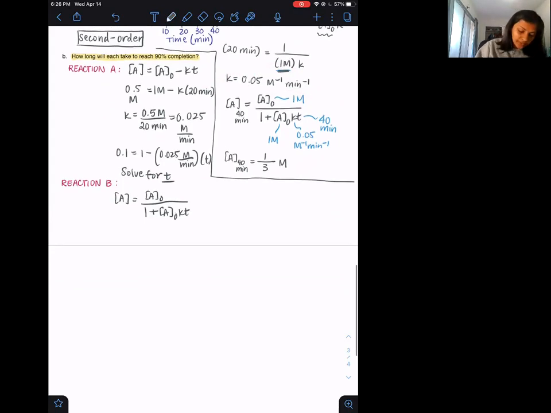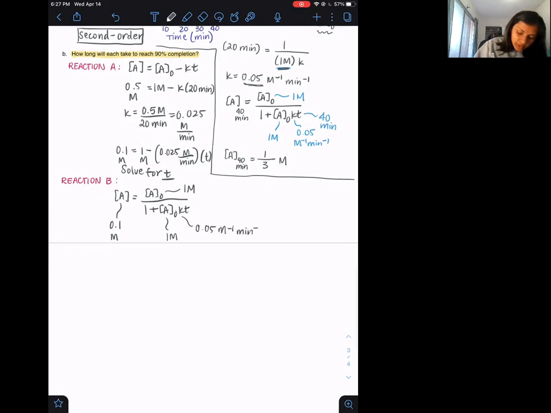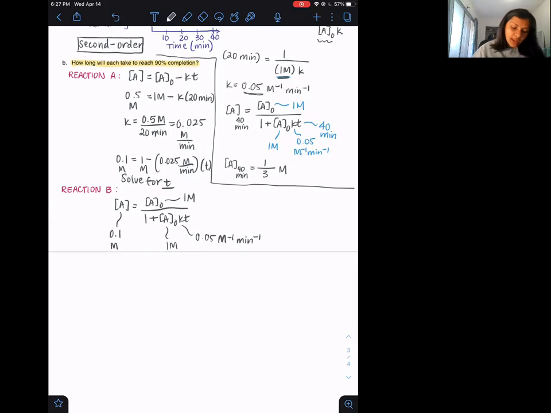And so here we have 0.1 molar is equal to initial concentration, that's 1 molar. K, we know from up here, is 0.05 per molar per minute. And then all we need to do is solve for T, and that will tell us how long it takes reaction B to reach 90% completion.